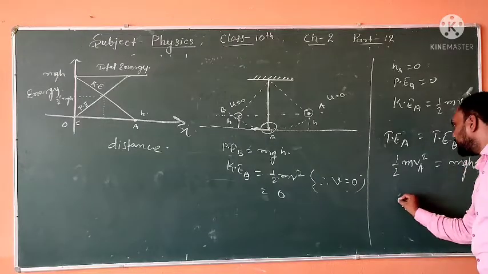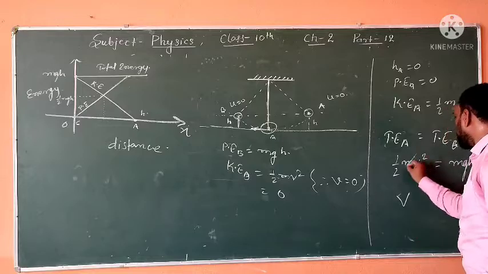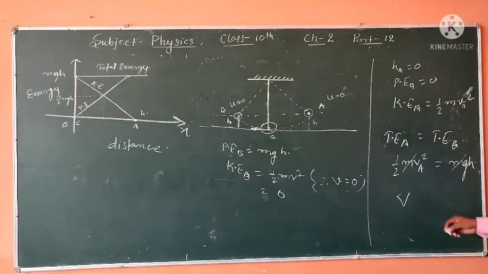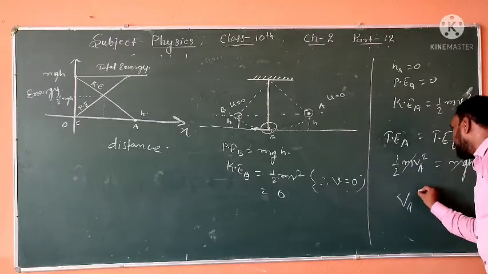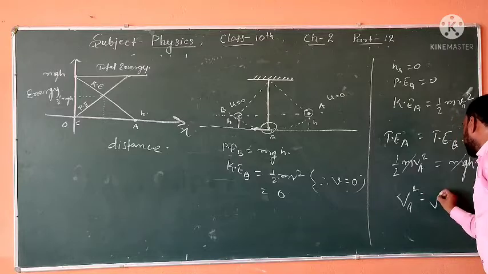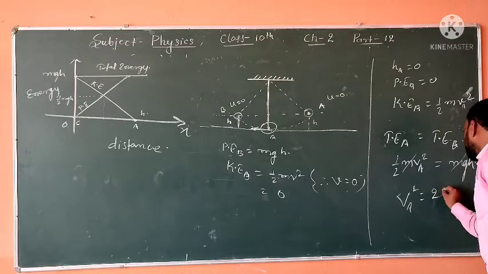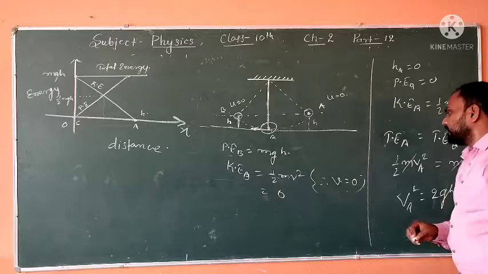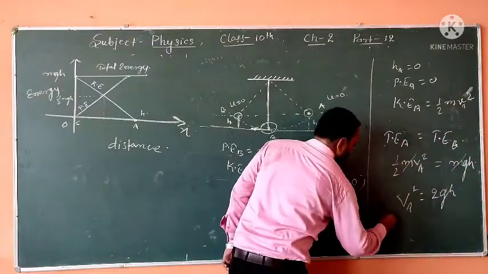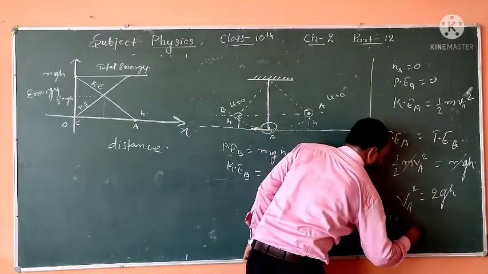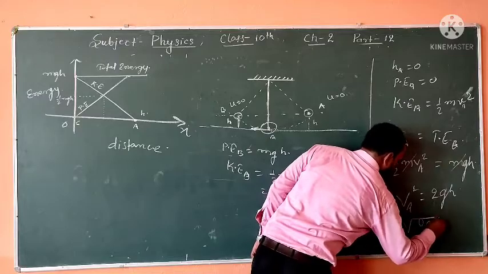So m will be cancelled out. Velocity at A squared will be equal to 2gh. It means velocity at A is equal to root under 2gh.